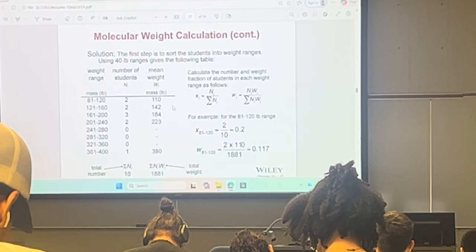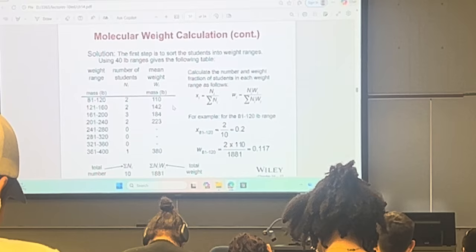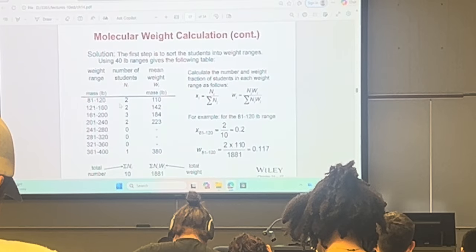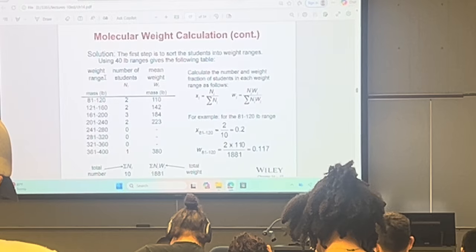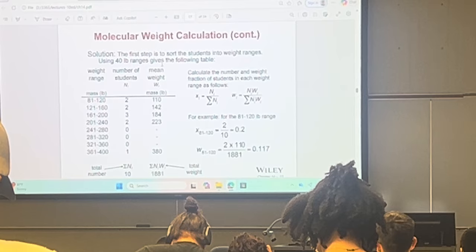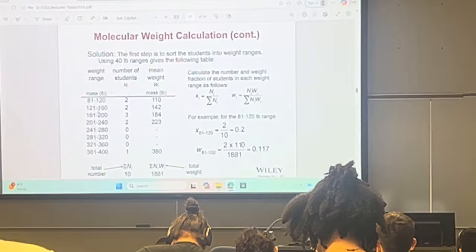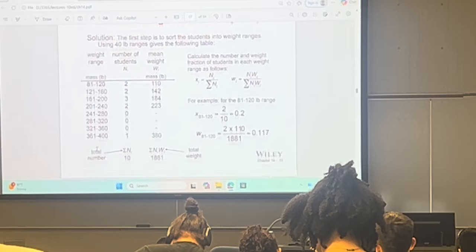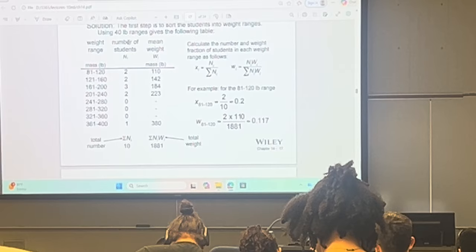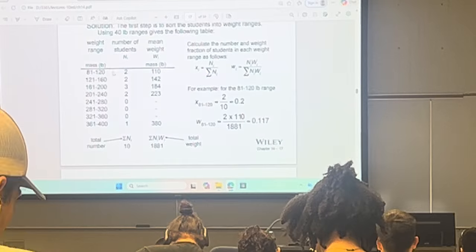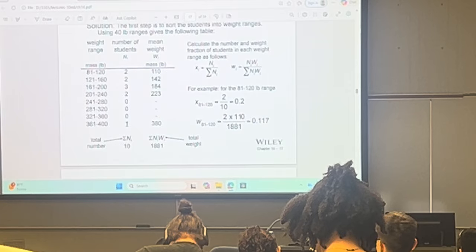Okay, so the first step is we're going to sort and bin the weights into different categories, and we're going to use 40 pound ranges. Okay, so here you see 81 to 120, 121 to 160. It goes all the way to 400 pounds. And then here we have the number of students that fall into each one of those categories.